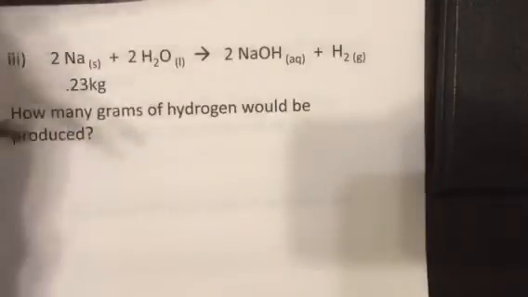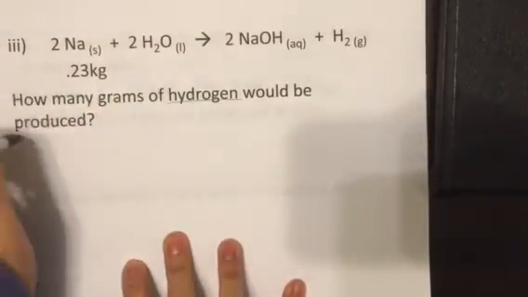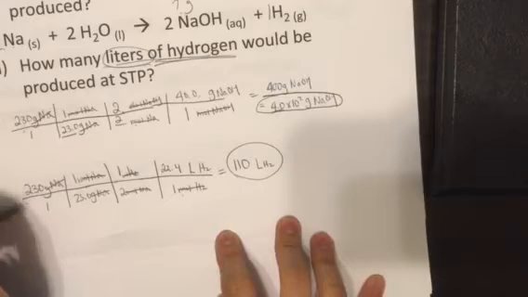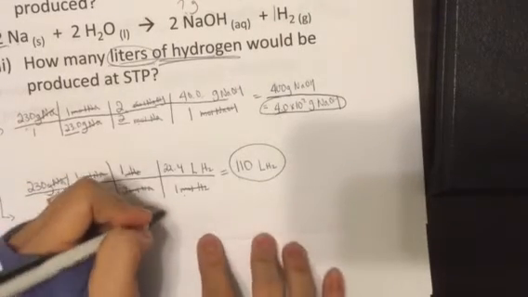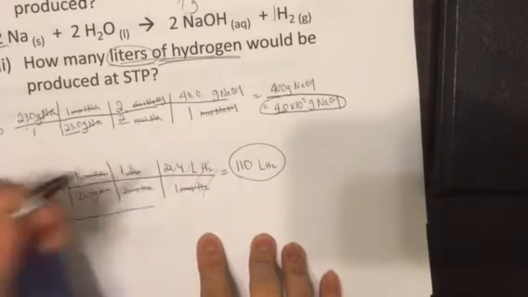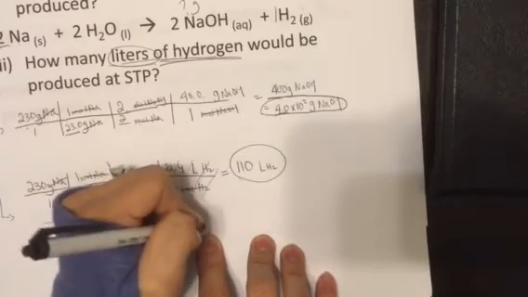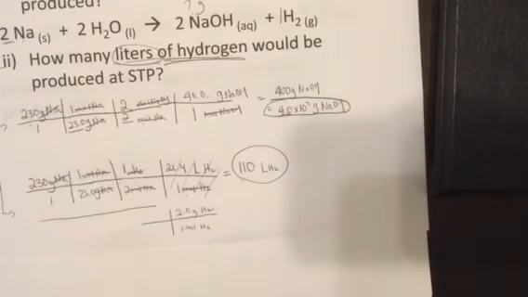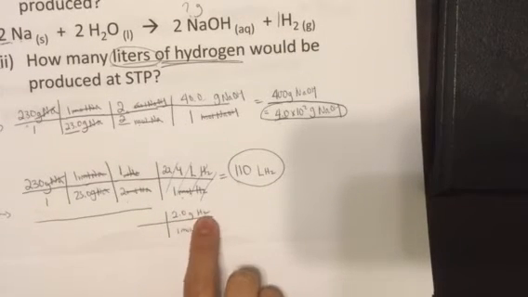Okay. The last problem. How many grams of hydrogen would be produced? So let's keep all of it the same up to this point. And then I'm going to say, okay, so if I have all of that, instead of saying this, let's just say that for 1 mole of hydrogen gas, I have 2 grams of hydrogen, because that's 1 plus 1, because there's 2 of them.